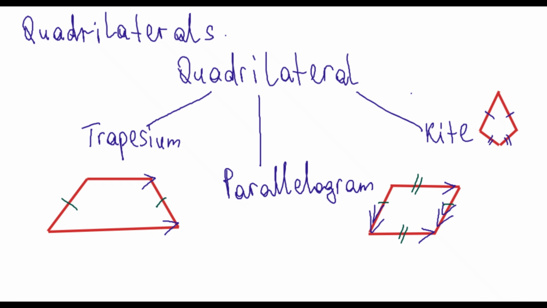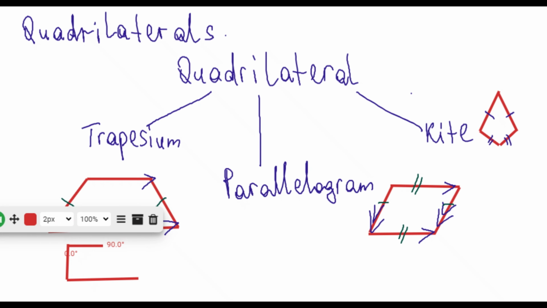As you remember, in triangle, if we have two same sides, we call it isosceles triangle. But here in trapezium also, in case these two sides that are not parallel to each other are equal, we can call it isosceles trapezium.